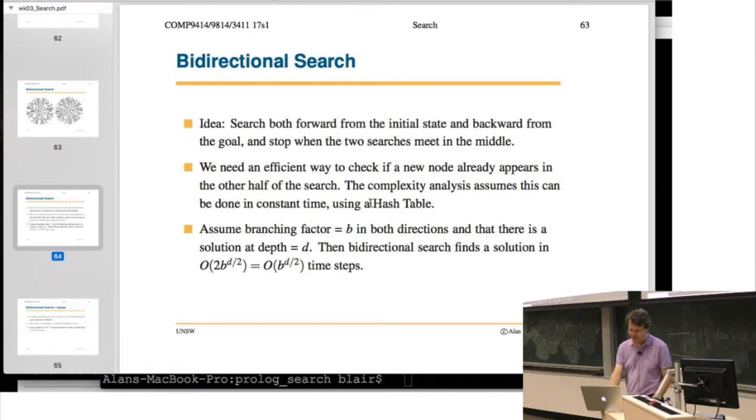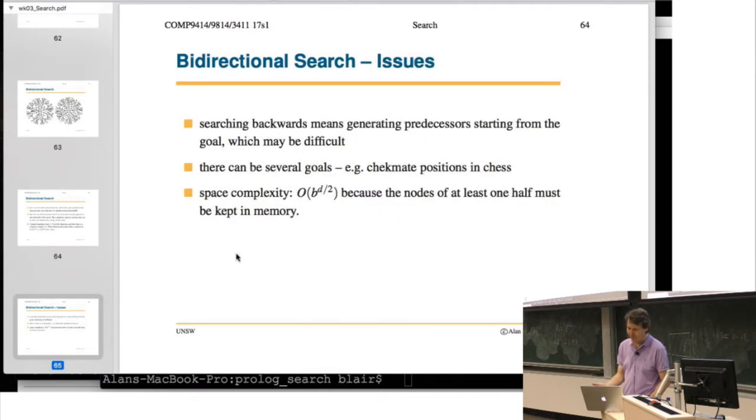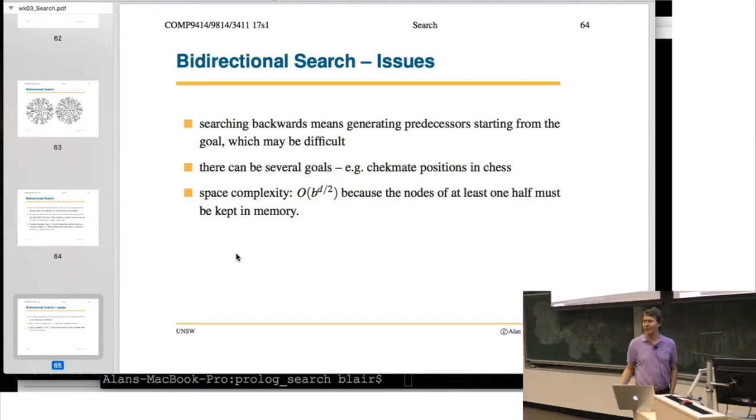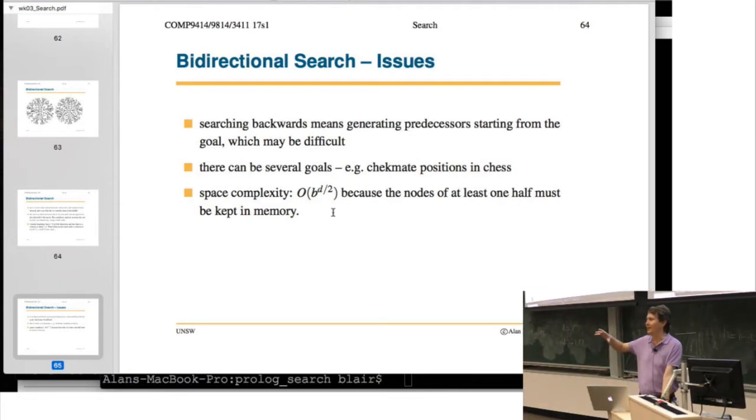Now, the other issue is you have to know where the goal is, and you have to be able to search backwards from the goal. In some situations, there may be several goals. If there's multiple possible goals, you don't know which one to be searching from, so you can't really do this.